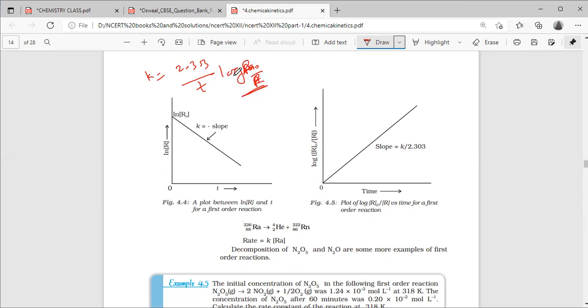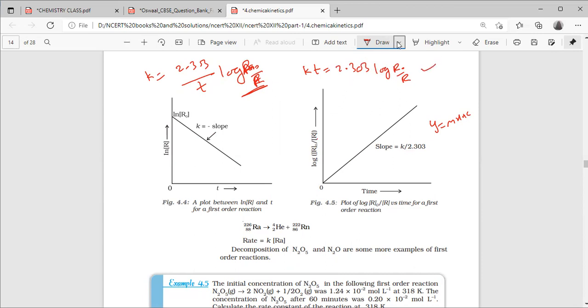So this formula you need to make into y equal to mx plus c form. Then what to do? This term remains as it is. The T is going there, kt equal to 2.303 log R0 by R. This step is clear?